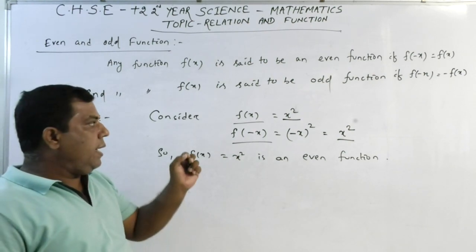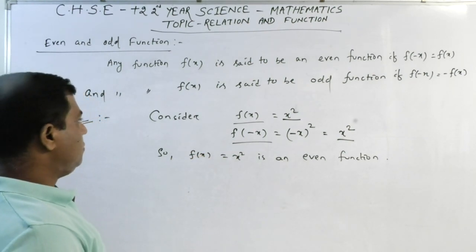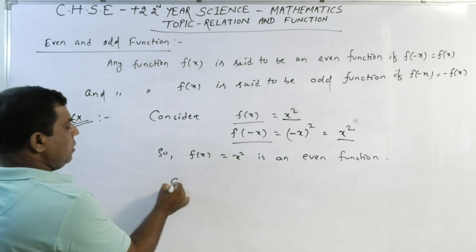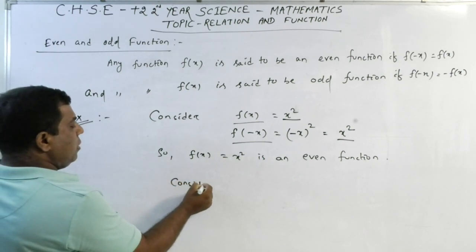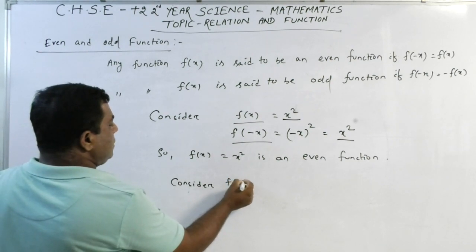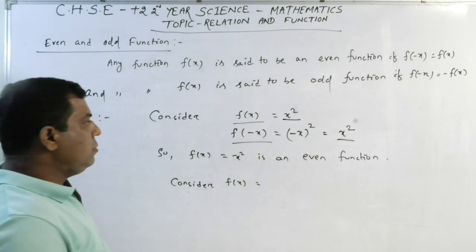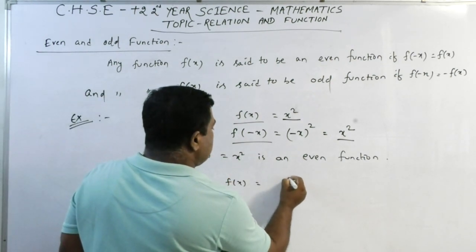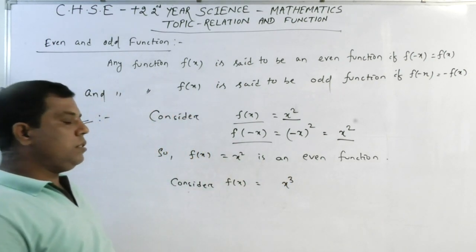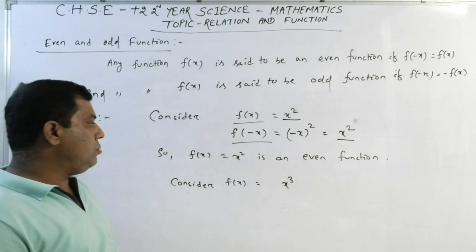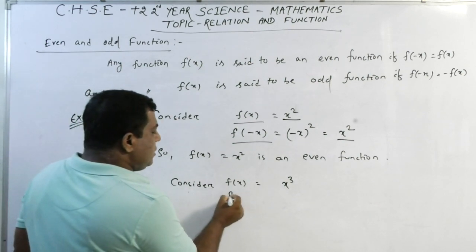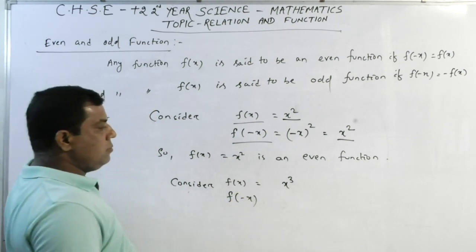Now we go for an example of an odd function. Consider f of x equals x cube. Now what is f of minus x?